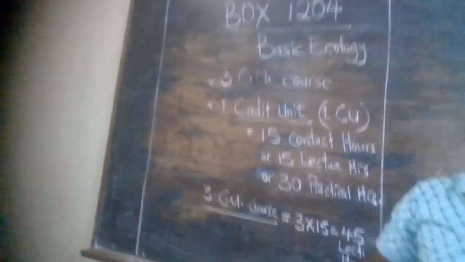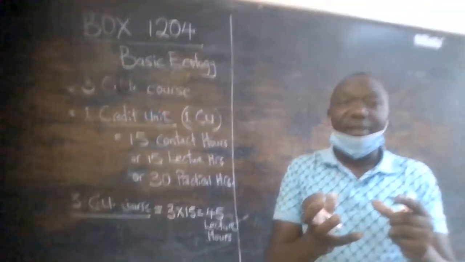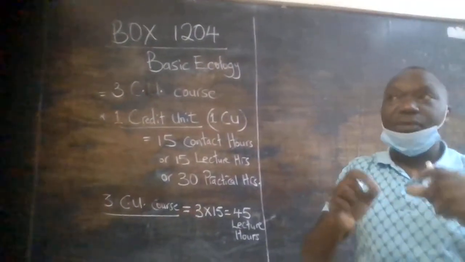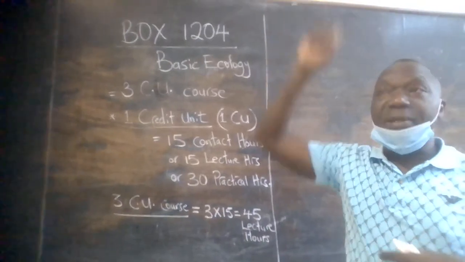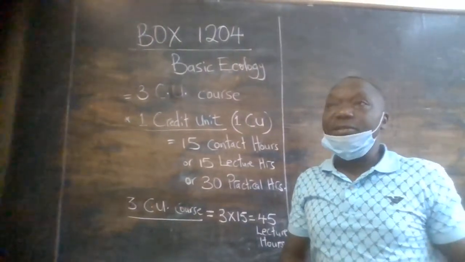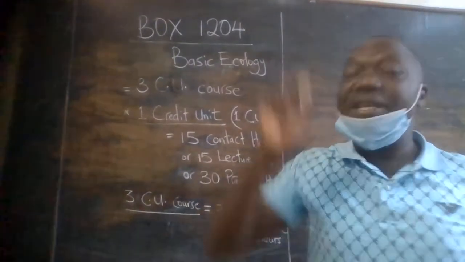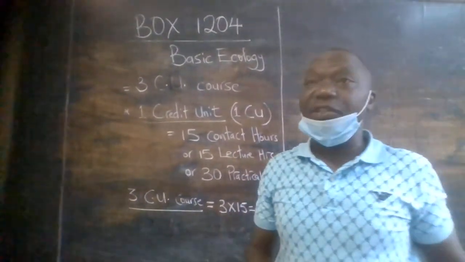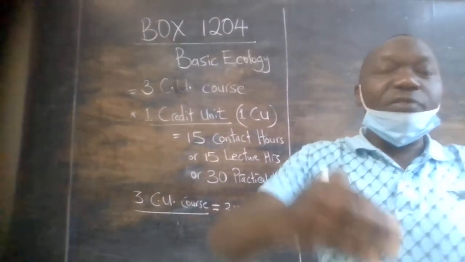It is mainly a foundational course because, being basic, it provides concepts that help you to learn the applied part of it. For example, in the fourth year there is a course unit called Wildlife Ecology and Conservation. Now, that one will only focus on wildlife resources.